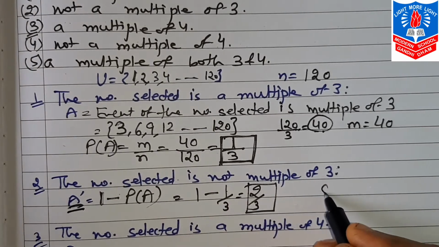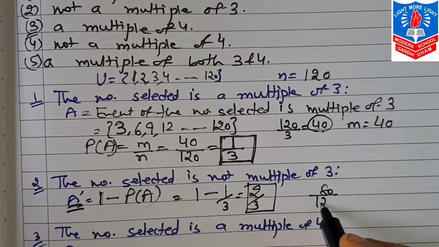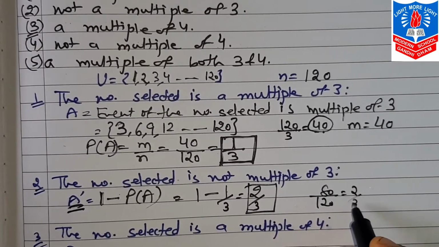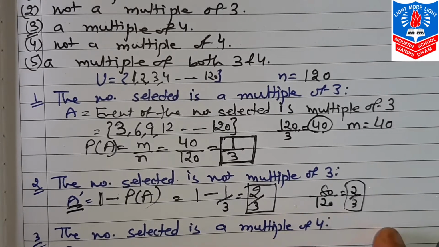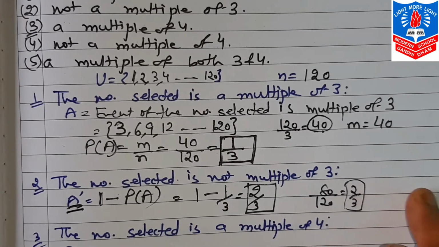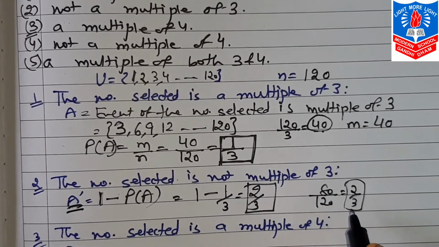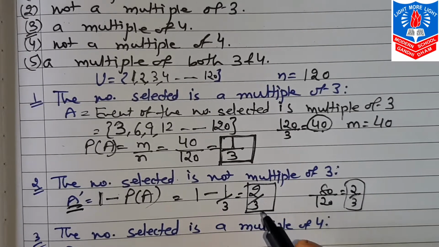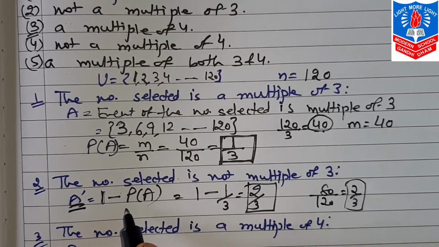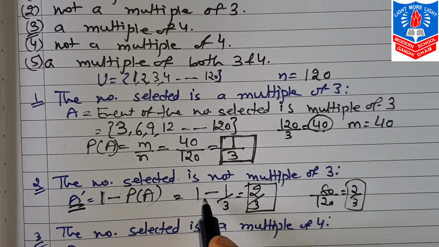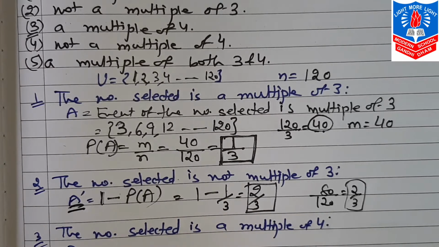Divide those 80 by 120, and you also get 2 by 3. So this way you can solve it, or directly, which is easy and simplest. That is why this formula of complementary, 1 minus probability A, is there. So 1 minus 1 by 3 will be 2 by 3.